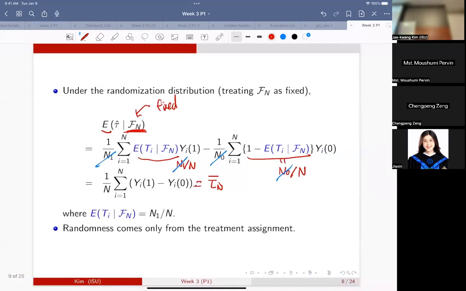Once you put the conditional expectation, conditional on F, you are treating it as fixed for now, and then we'll worry about the randomness of F later.